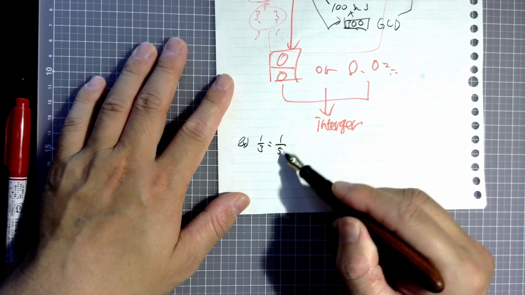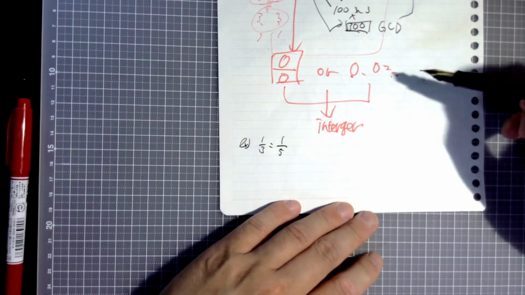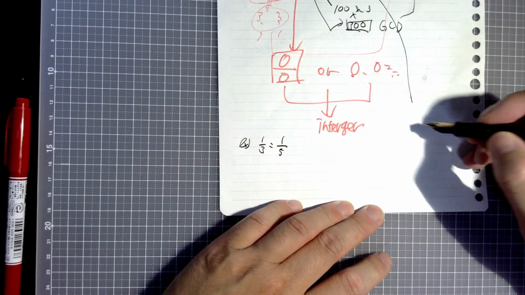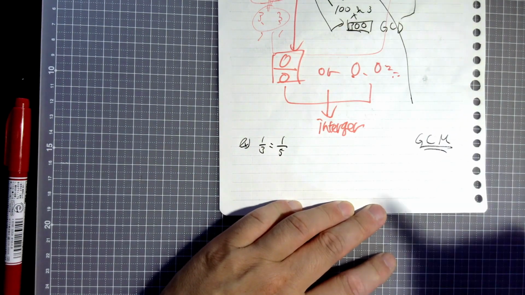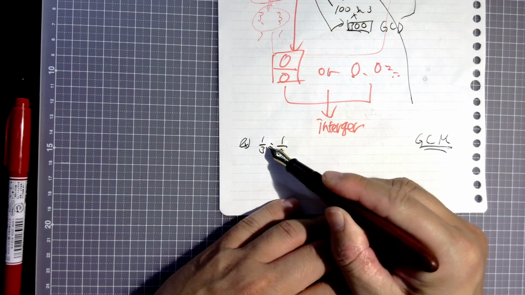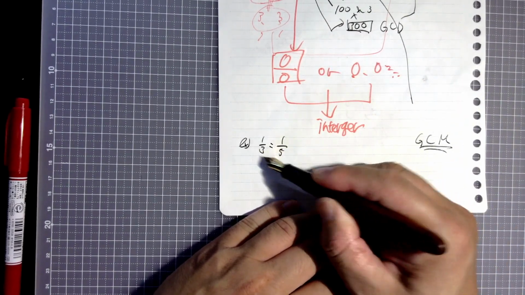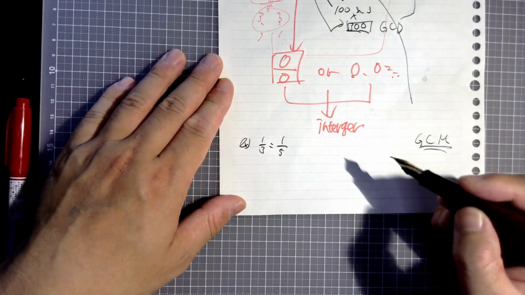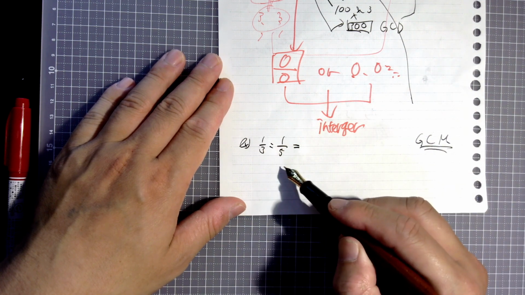In this case, unlike the previous question, now we use the greatest common multiple. Why? Because we would like to multiply these denominators so that you can make an integer. So what's the greatest common multiple of 3 and 5?